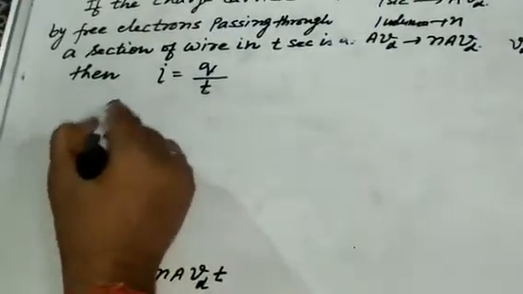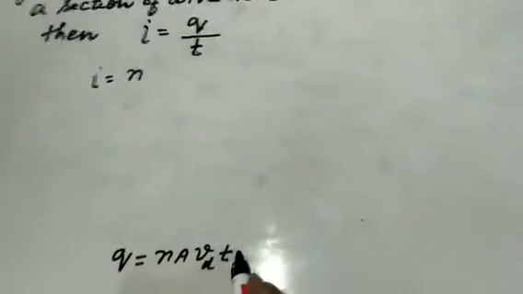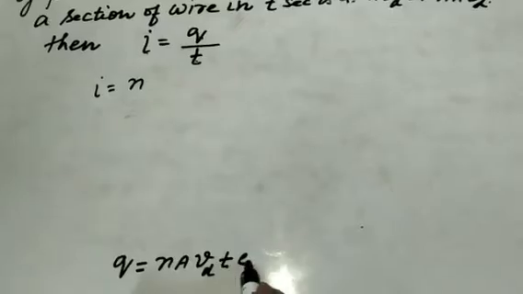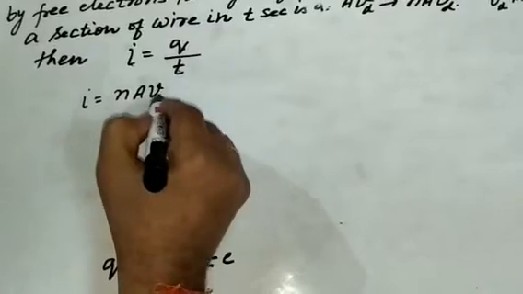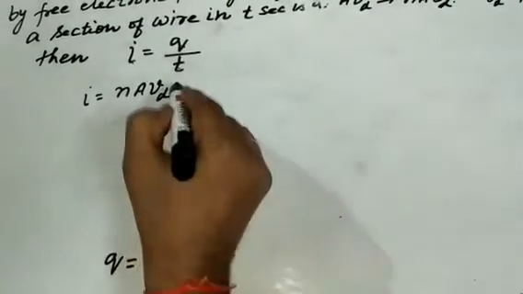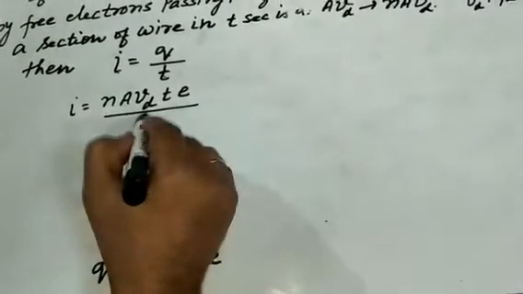I is equal to, in place of q, n A Vd t into e upon t.